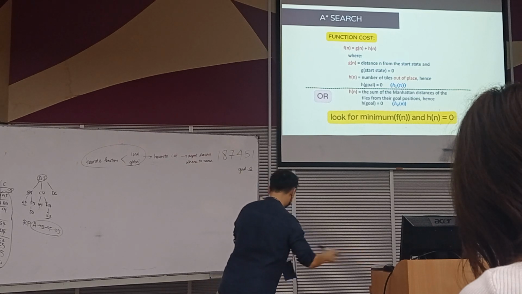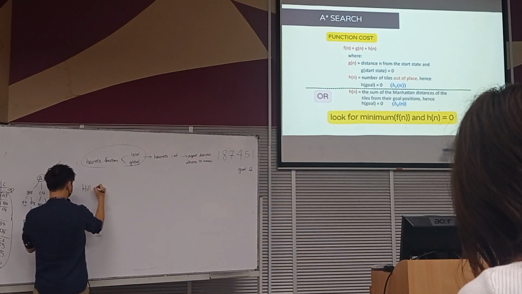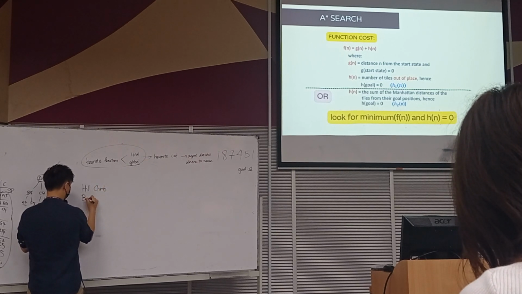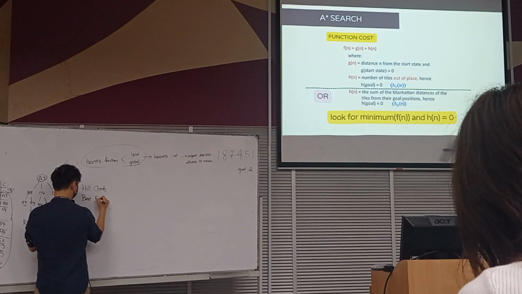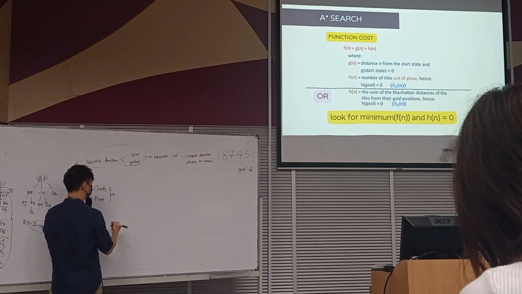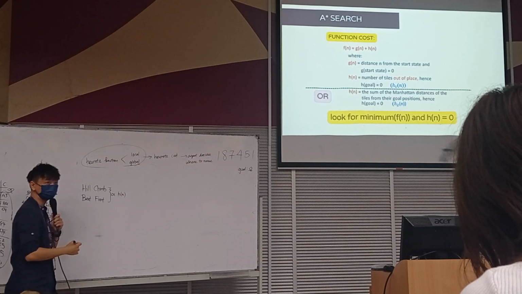All this while we learned hill climbing and we learned best first search. These two algorithms depend on only one parameter, which is heuristic cost, right?